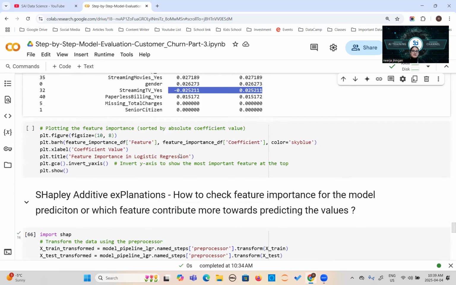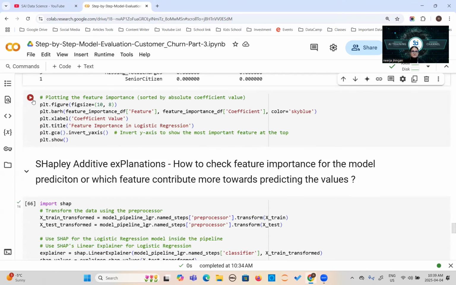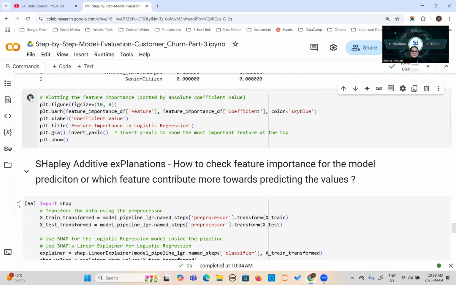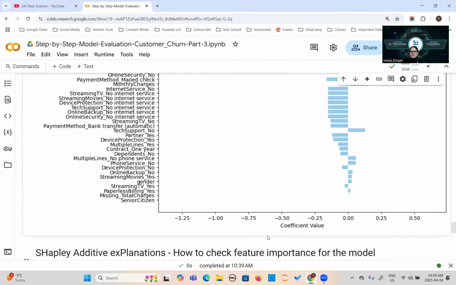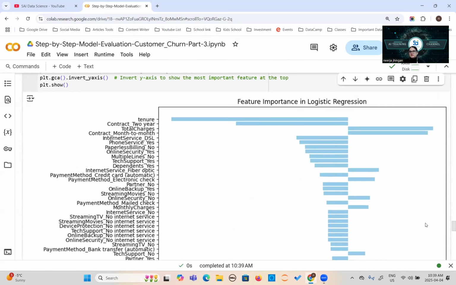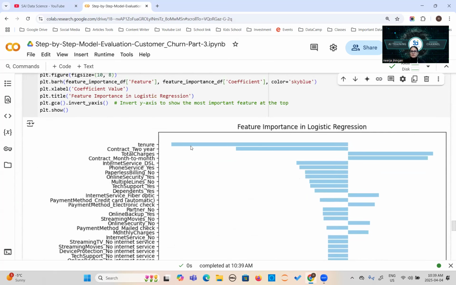And now I will show you the graph too. This is the same feature importance. This is the coefficient value, negatively correlated, positively correlated. If your tenure value is really low, like 3 months, 2 months, your customer is going to churn, right?